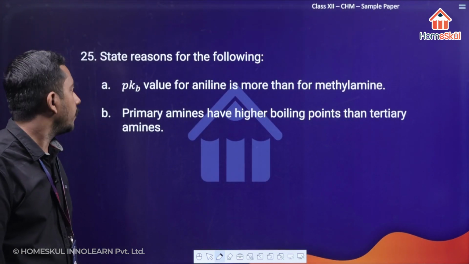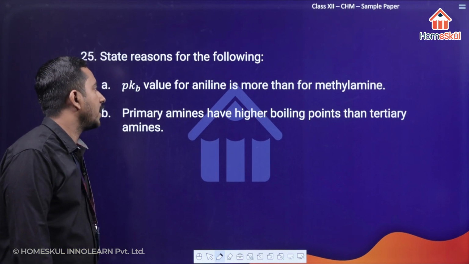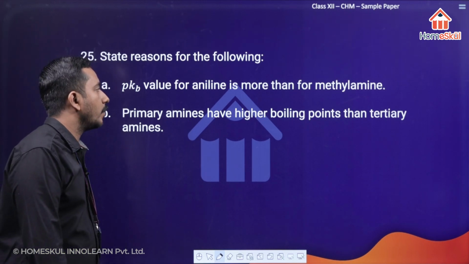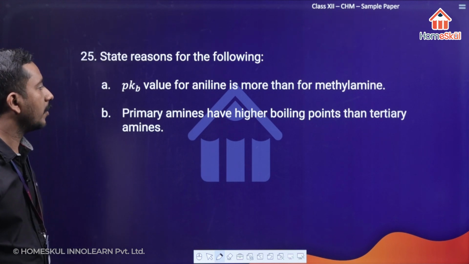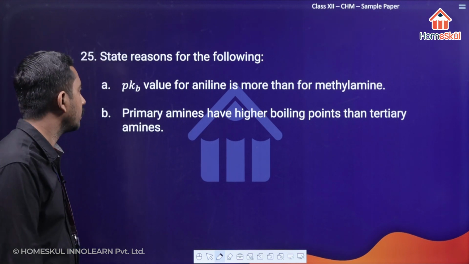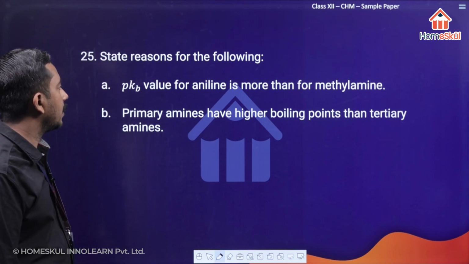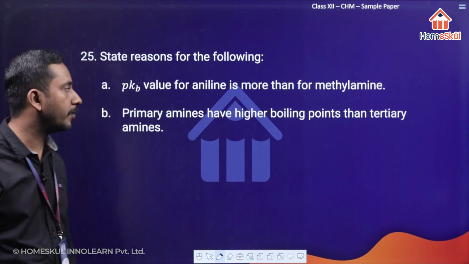Now the next question, the 25th question. State the reasons for the following. The first statement, pKb value for aniline is more than that of methylamine. And the second statement, primary amines have a higher boiling point than tertiary amines. Okay. So what's the first statement? The pKb value for aniline is more than that of methylamine.